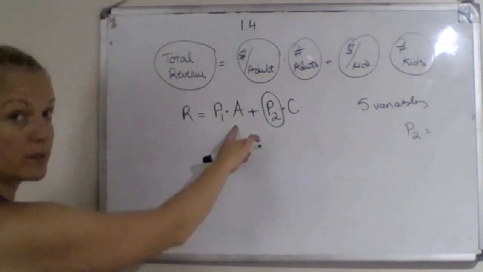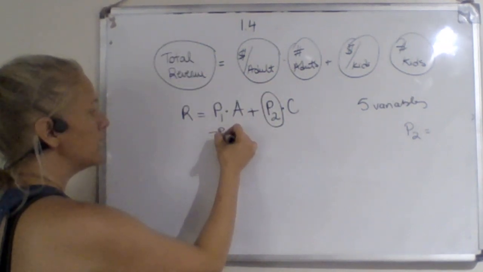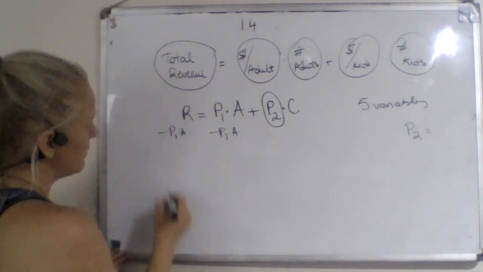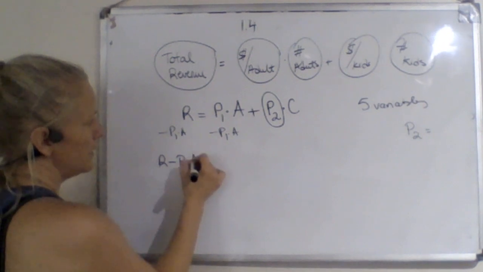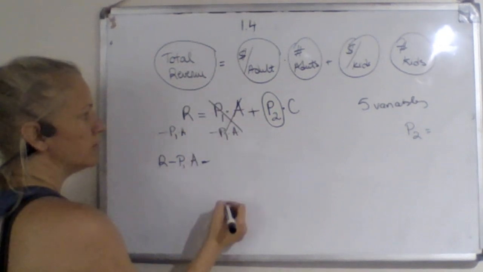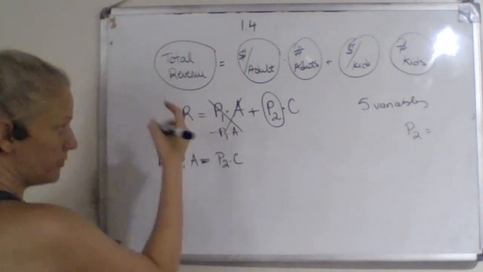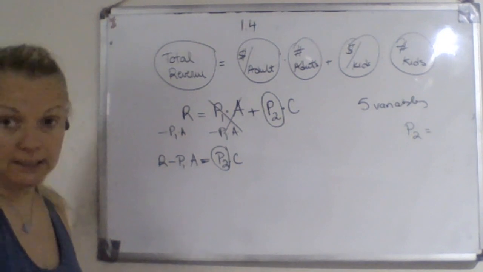First that needs to go is this one, right? And it moves together. It's going to be minus P1 times A on both sides. So I end up with R minus P1 times A equals, this is gone, P2 times C, because I moved the other one. And I just want P2. I'm going to continue to circle it because it's still not alone.